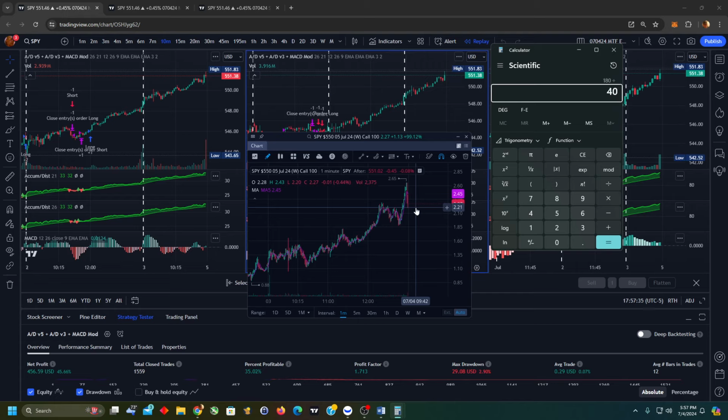So divided by 40 times 100, that's 450%. That's trading with EMCS.